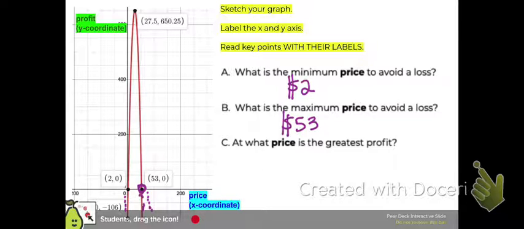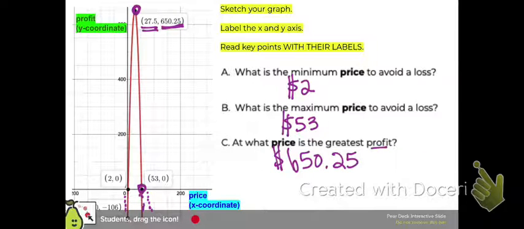And then what is the greatest price? At what price is the greatest profit? So that's this point right here. This is saying $27.50. I have a profit of $650.25. So $650.25 is my profit. Is that what it's asking? No, it's not asking for my profit. Even though I see the word profit here, I know that's the point I'm looking at.